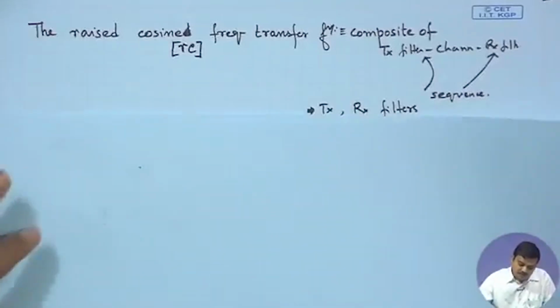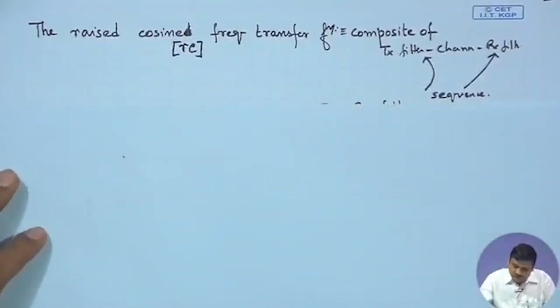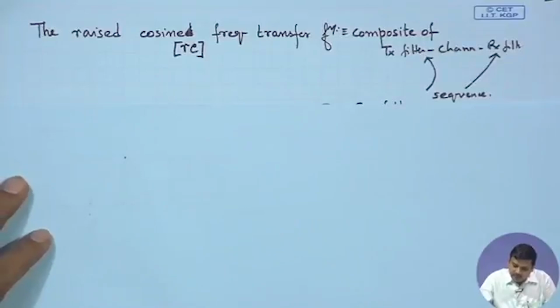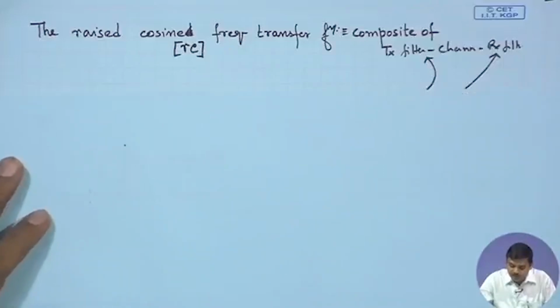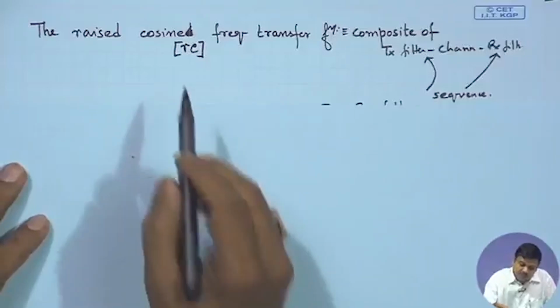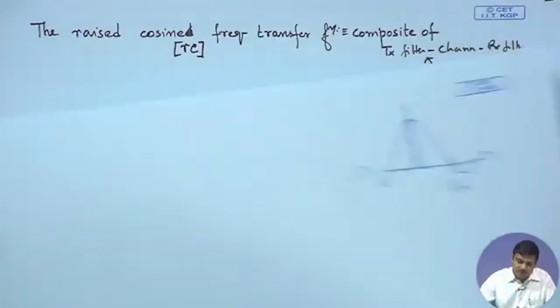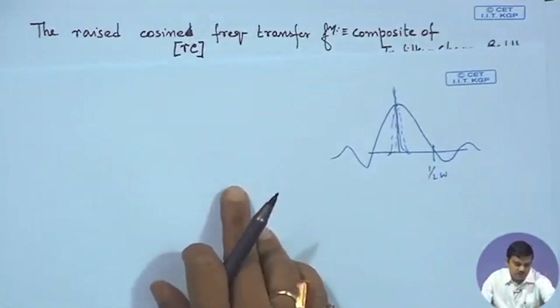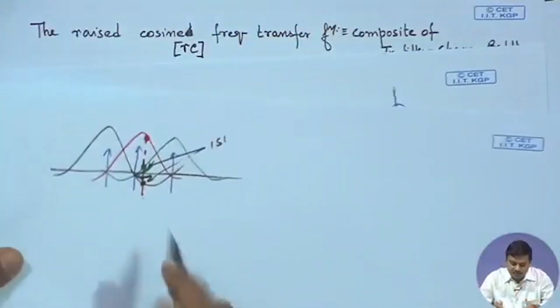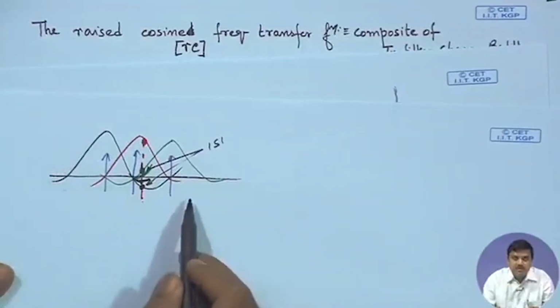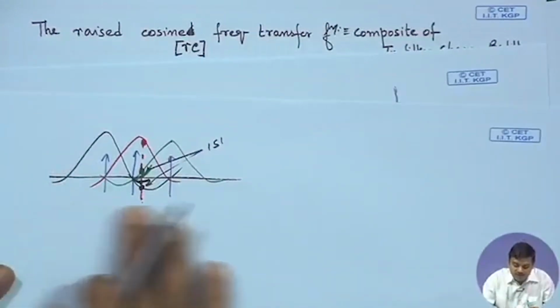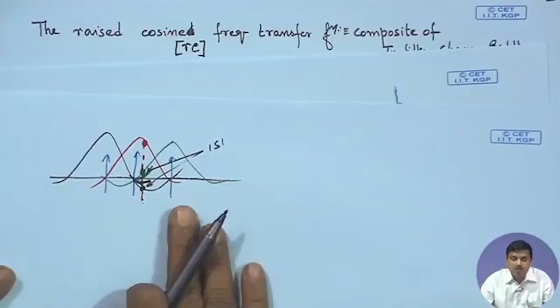If we look at the raised cosine frequency transfer function, it is a composite of the transmit filter, the channel and the receive filter. Why do we say this? Because we have stated that we want to have this kind of a received pulse train. Whatever happens, if you receive this, there is no ISI, right.